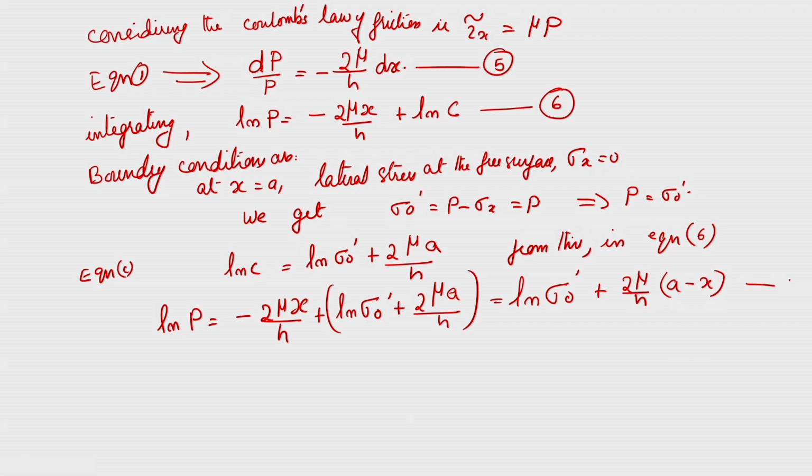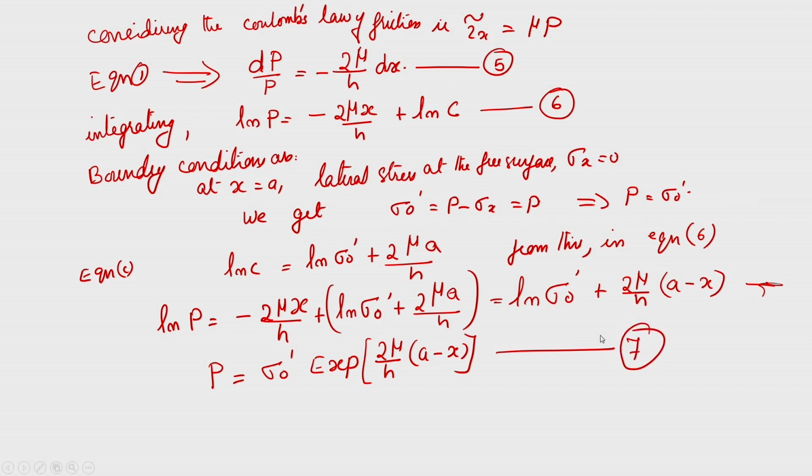From that P is equal to sigma 0 dash into exponential 2 mu by h into a minus x. So, we are getting equation number 7.